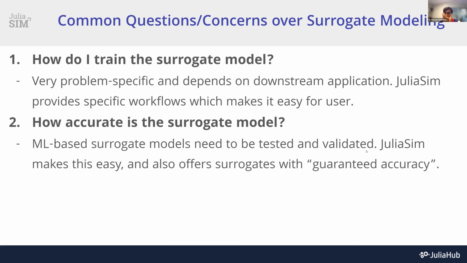Usually, the easy thing about surrogate models is that the more training data you feed into the surrogate model, the more accuracy you're going to get. And usually, if you're building a surrogate model of a simulator, you have infinite access to data because it's a simulator, which is the ground truth.